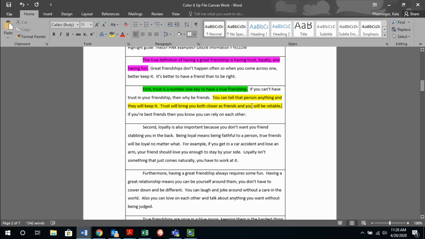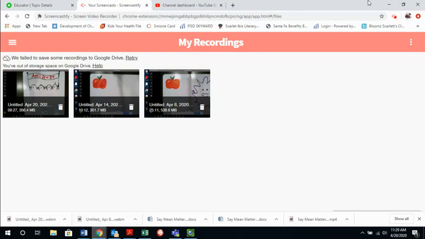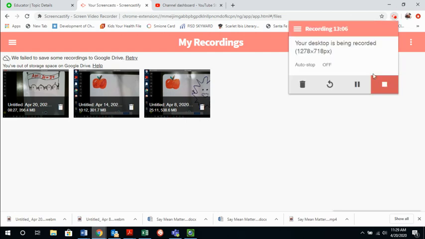So he's talking about this idea of being reliable, and you're only reliable if you're a trustworthy friend. So this is more important information here. So we have our important information that you can see highlighted, and then our unimportant information that is not marked in any way whatsoever.